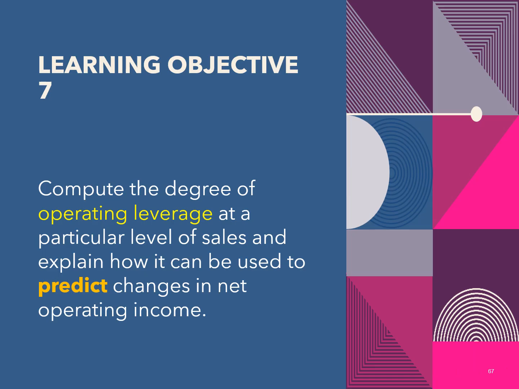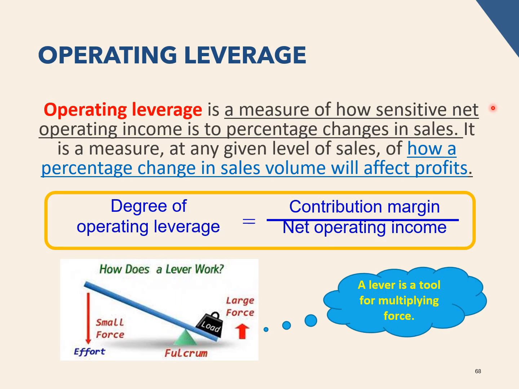Learning objective number 7 is to compute the degree of operating leverage at a particular level of sales and explain how it can be used to predict changes in net operating income. Operating leverage is a measure of how sensitive net operating income is to percentage changes in sales.